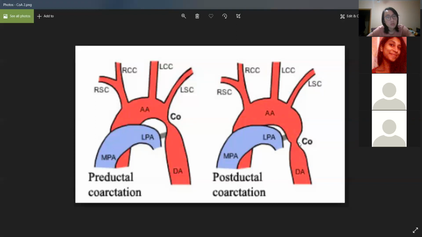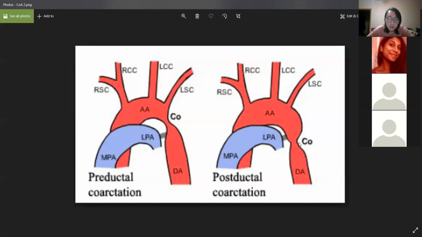And this is what we call pulsus difference, pressure difference, right? We learned it a little bit last time when we were in first, second year. Because of this, pressure will be different, your pulse will be weak, and there's pulsus difference as well.